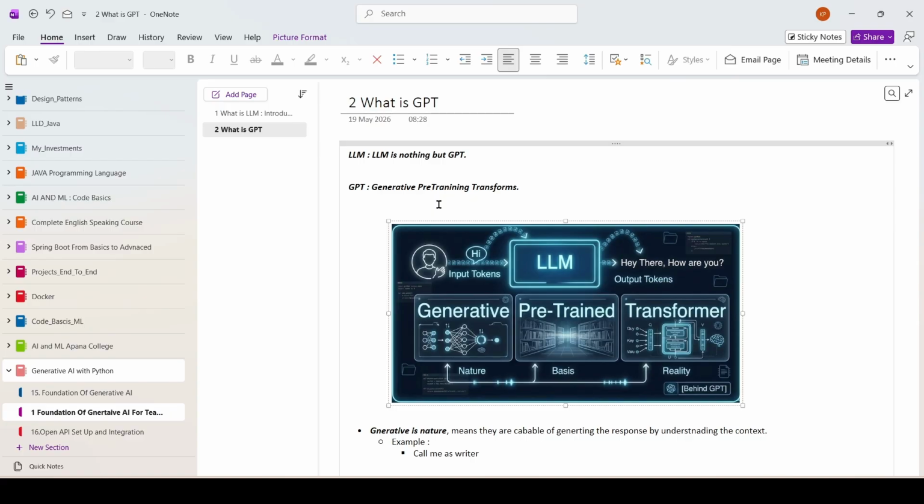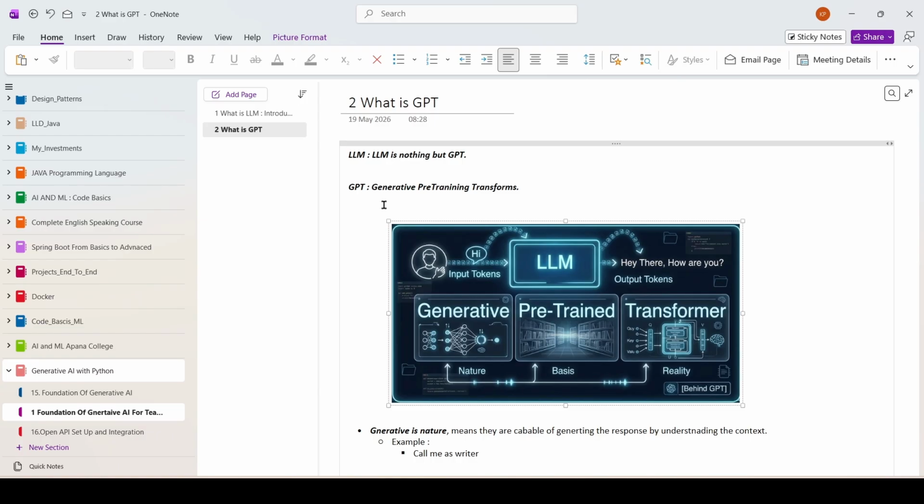These large language models are nothing but a transformer, because they refer to Google's transformer architecture. These transformers are generative in nature because they are trained on a huge data set. So they combined these words. They chose the first letter of these three words and named it GPT. This is how they came up with their large language model name, GPT.